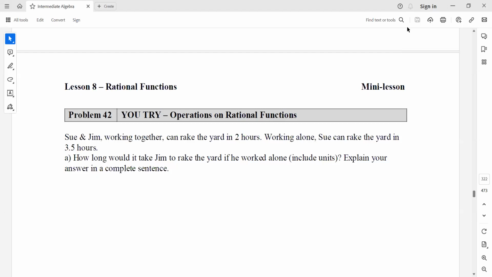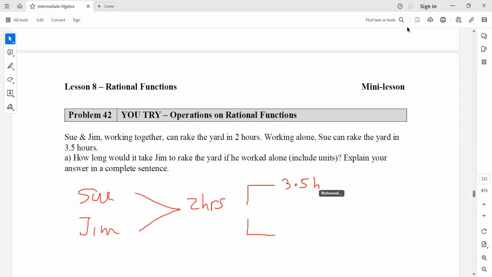Now, I want us to look at this problem. Sue and Jim working together can rake the yard in 2 hours. Now, when they work separately, Sue will do it in 3.5 hours.